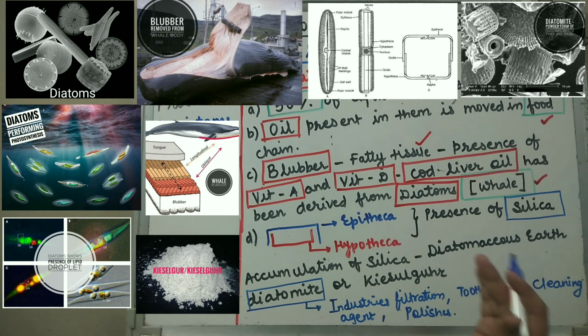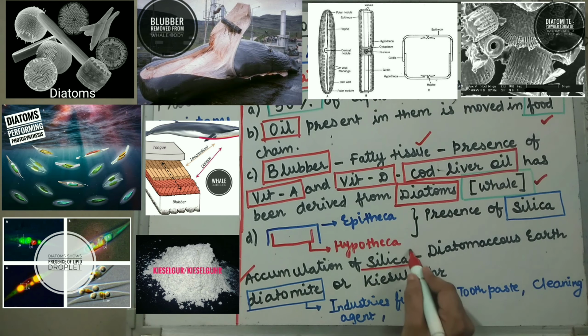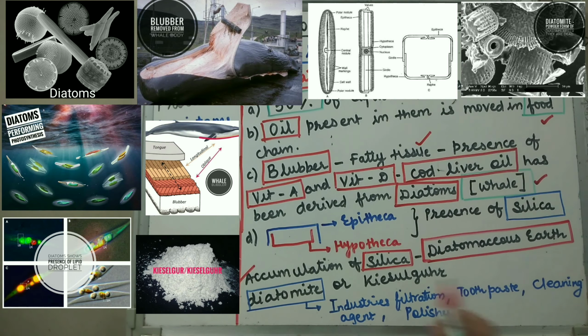The silica will be accumulated, and the accumulation is known as diatomaceous earth. This is one of the names given to it, also known as diatomite and also known as Kieselguhr.